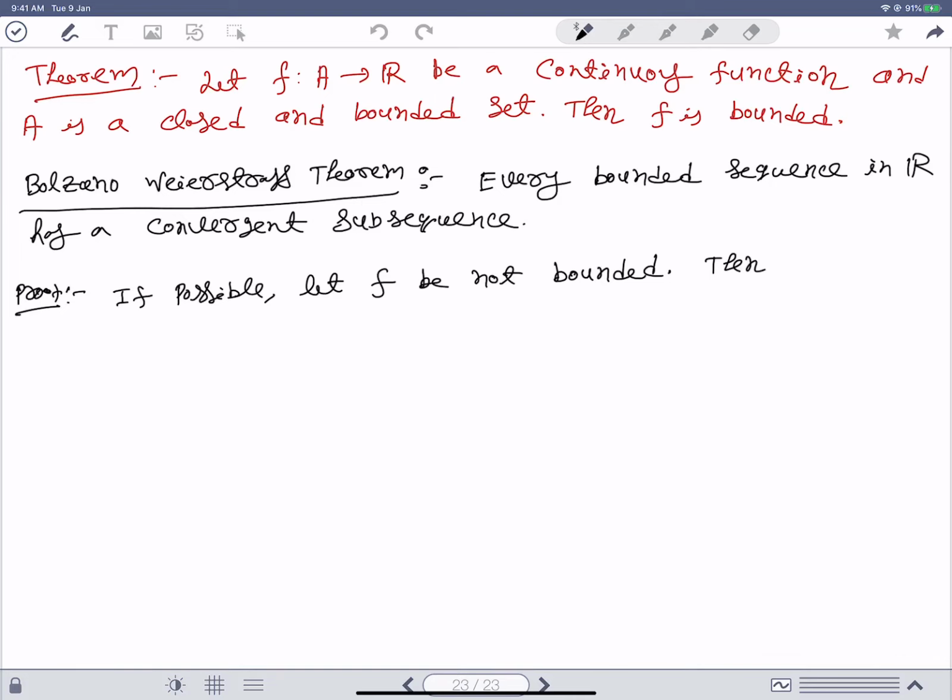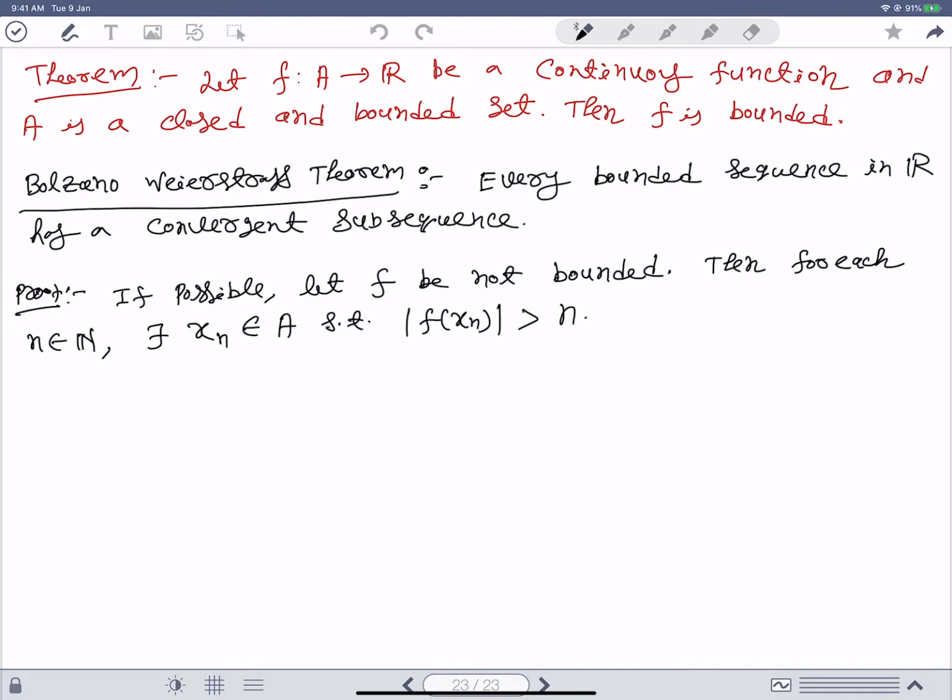Then for each natural number n, we must have at least one point in A. We can write xn belongs to A such that mod of f of xn is bigger than n, right?